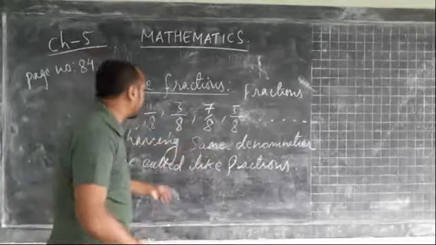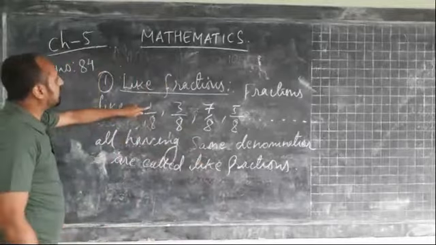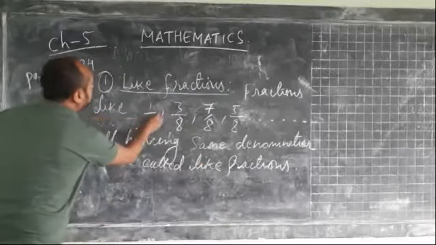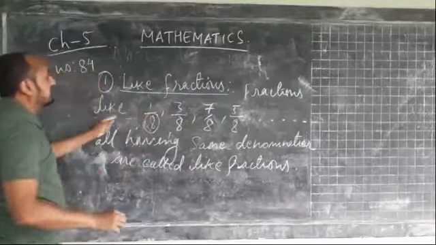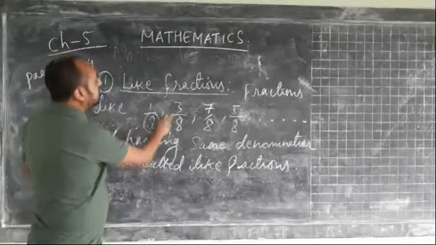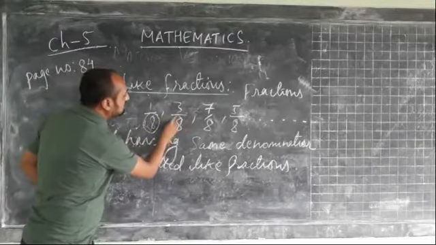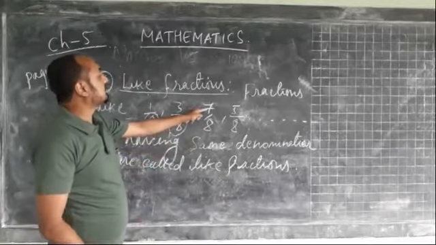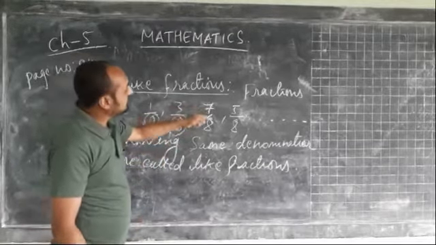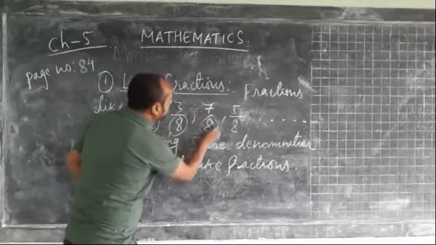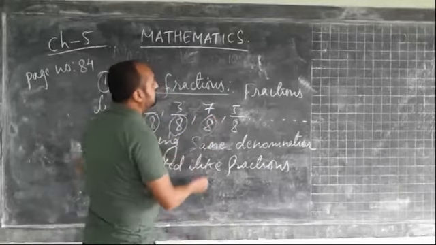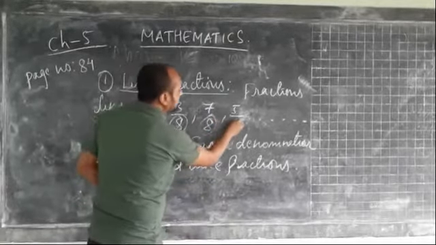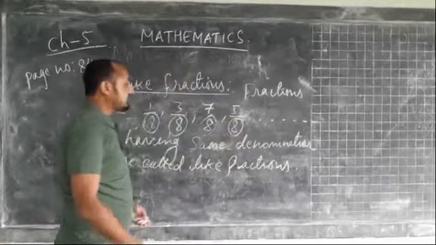So we can notice that in the first example 1 by 8, the denominator is 8. In the second example we have 3 by 8, so here also the denominator is 8. In the third example we have 7 by 8, so here also we have 8. In the fourth example, we have 5 by 8, so here also the denominator is same.